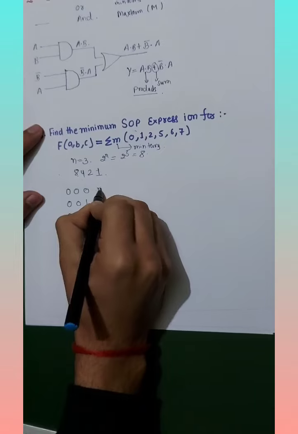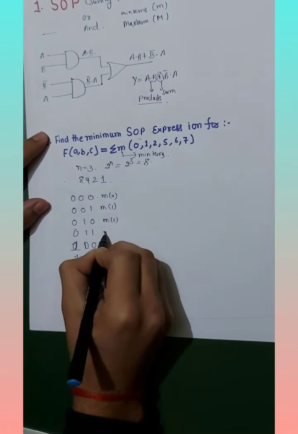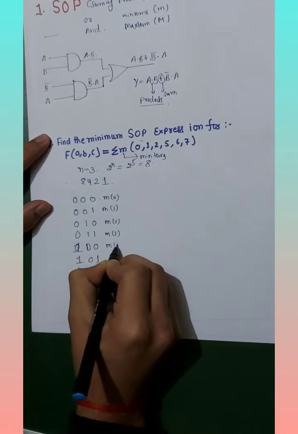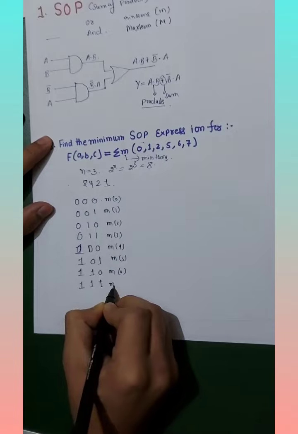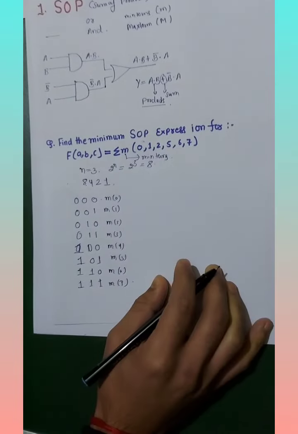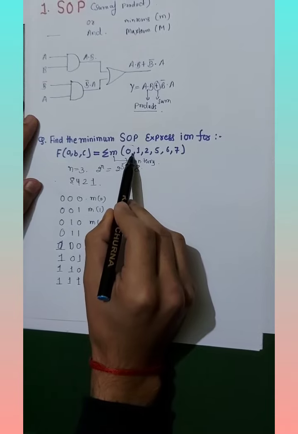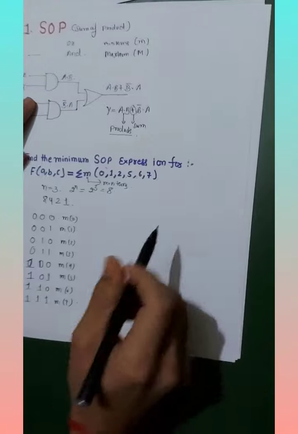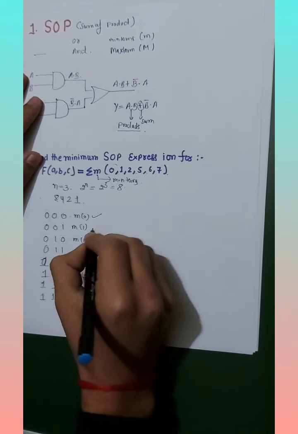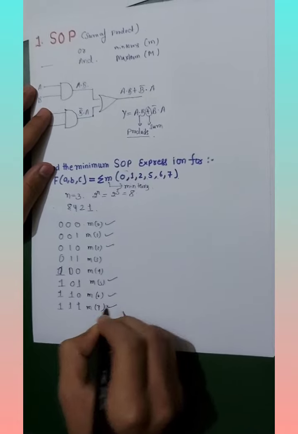So it is represented as M0, M1, M2, M3, M4, M5, M6 and M7. In this question it is given that the minterms are 0, 1, 2, 5, 6 and 7.